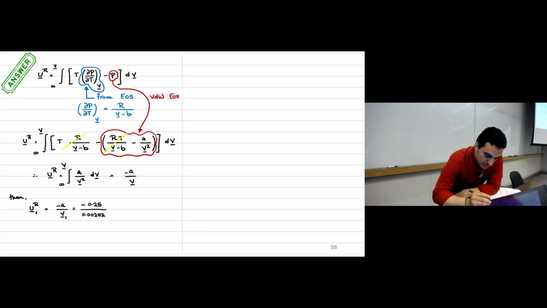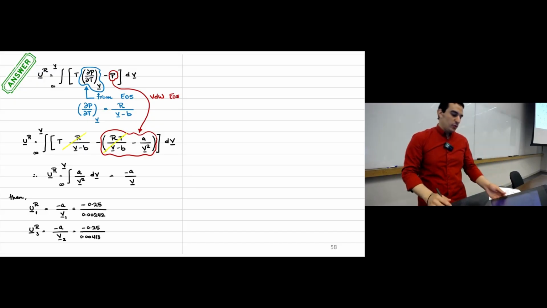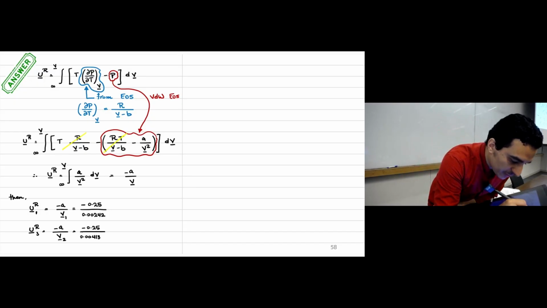So this is the residual property number 1. Residual property number 3 will be minus a over V2. So this one will be minus 0.25 divided by 0.00413. So if you have all these values, substitute them in the delta U equation.